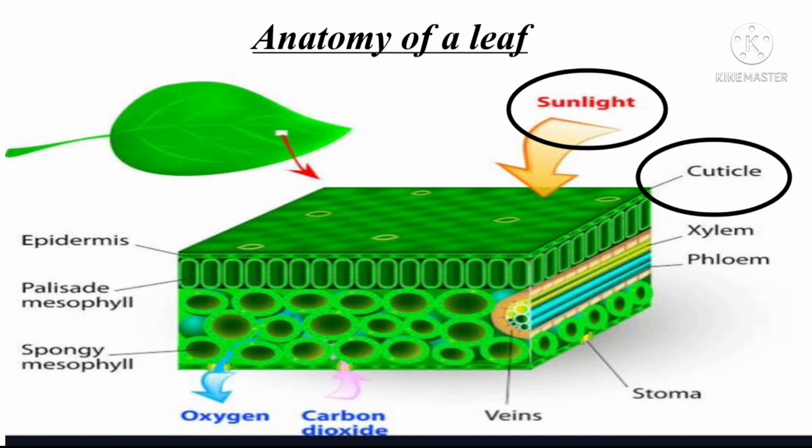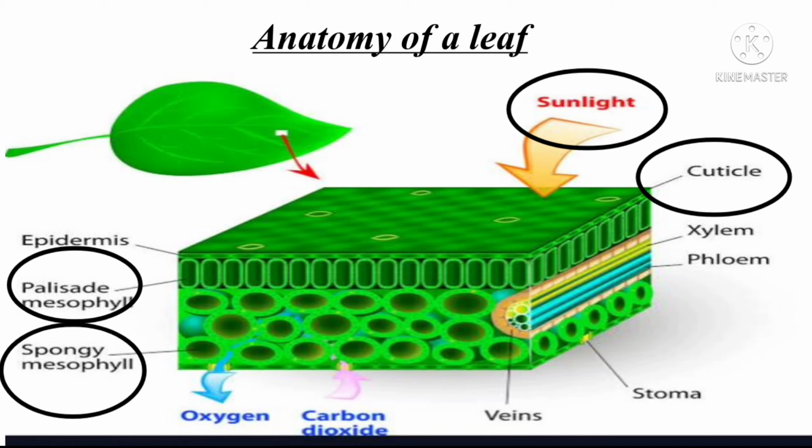Now, below the cuticles are pellucid mesophyll cells, which are compactly packed, and below these are spongy mesophyll cells. These spongy mesophyll cells are loosely packed, and there are certain pores, certain air spaces.